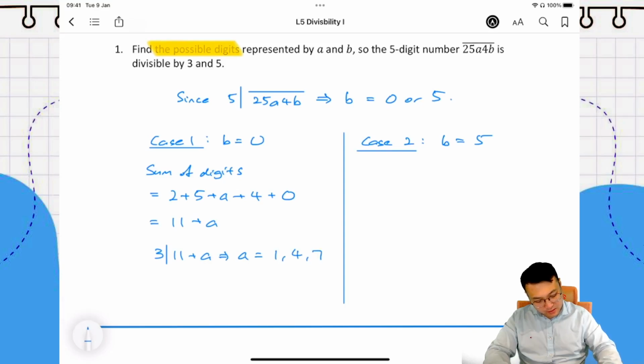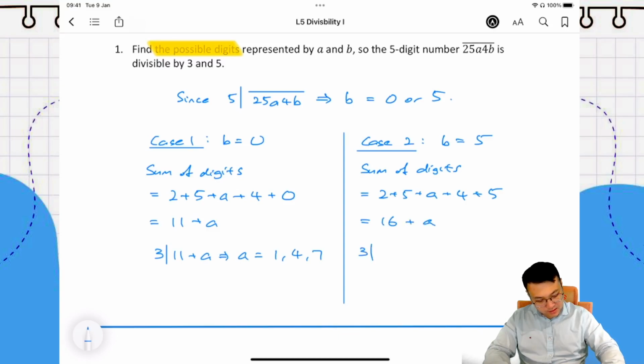1, 4, 7. Now, let's look at case number 2. Sum of digits equals to, how do I find it? 2 plus 5 plus 8 plus 4 plus 5. Good. And what do you get? 16 plus a.